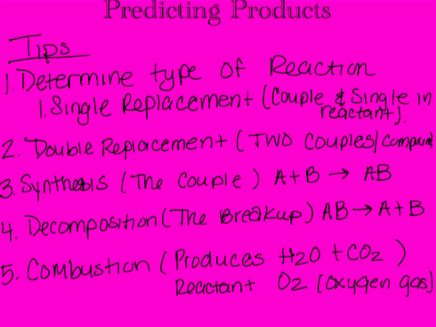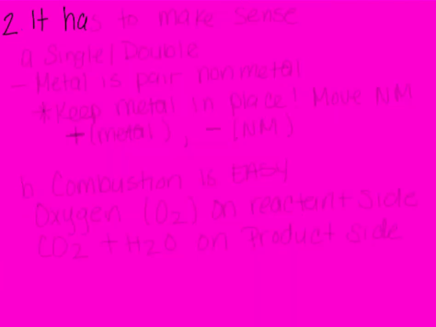Next, tip number 2. It has to make sense. Now, there are some subparts to it having to make sense because once you identify your type of reaction, you then have to follow the law or the rule of that reaction to follow out step number 2.